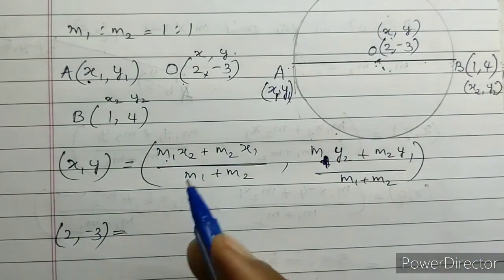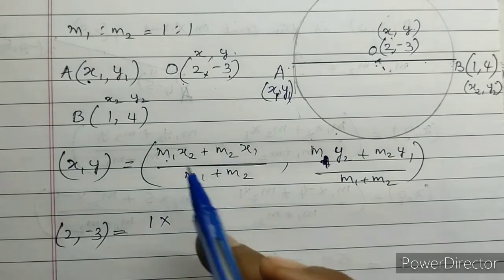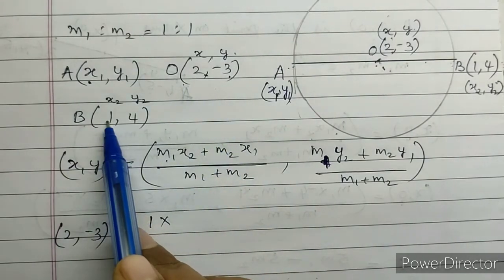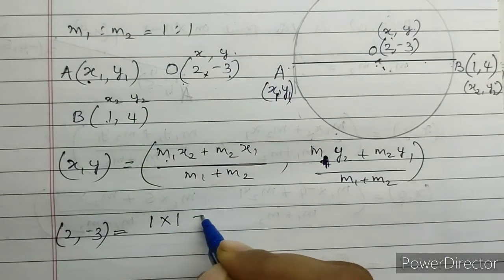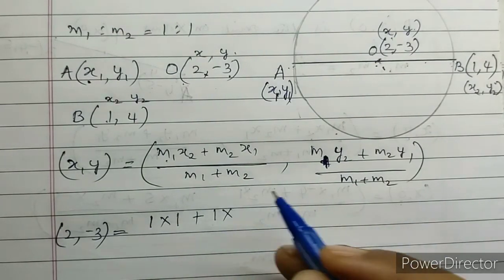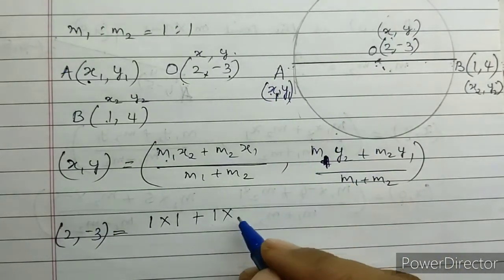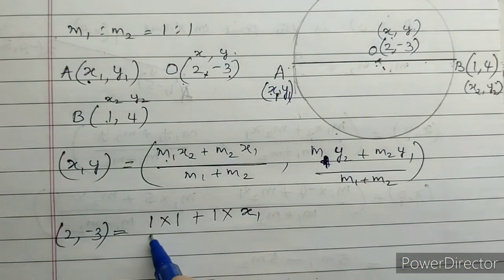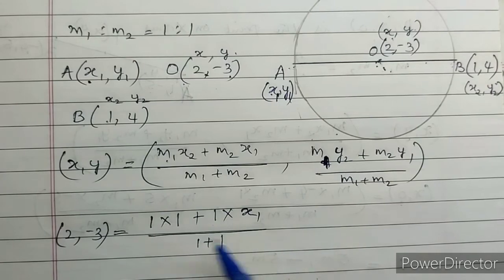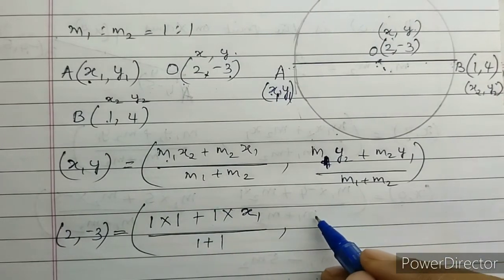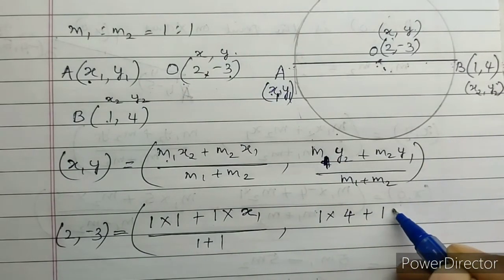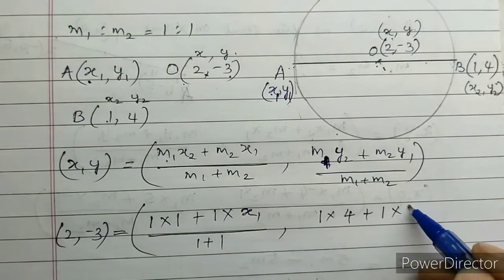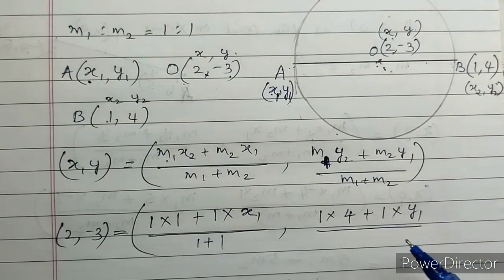Now m1 is 1 into x2, which is 1, so that is 1 into 1, plus m2 1 into x1, which is unknown so you put x1 only, divided by 1 plus 1, comma, m1 is 1 into y2 which is 4, plus m2 is 1 into y1, which is y1 only because it's unknown, divided by 1 plus 1.